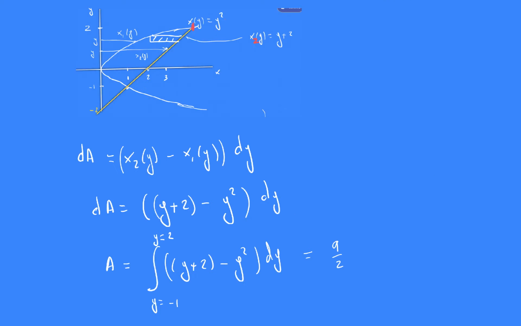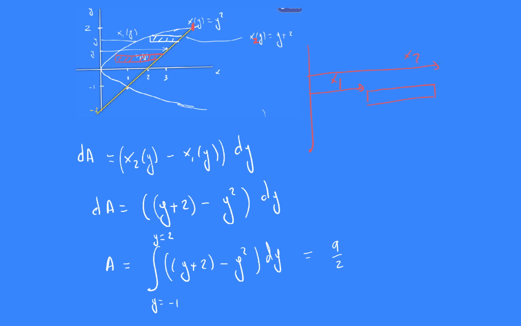Now comes the setup. I'm going to use small areas to fill the region bounded by the two curves, but the small areas will be horizontal rectangles like this. These horizontal rectangles have the size, this is x1 and this is x2.